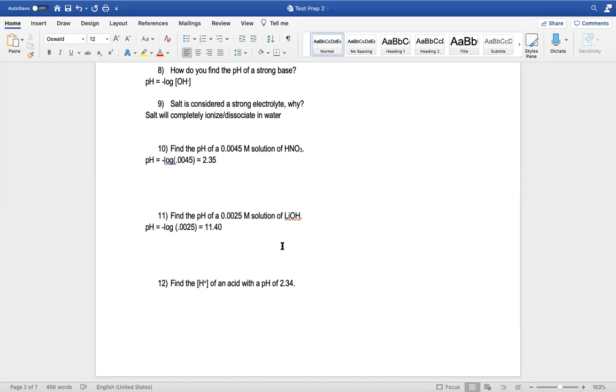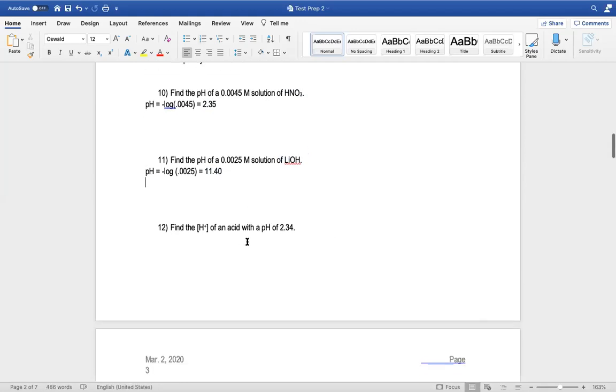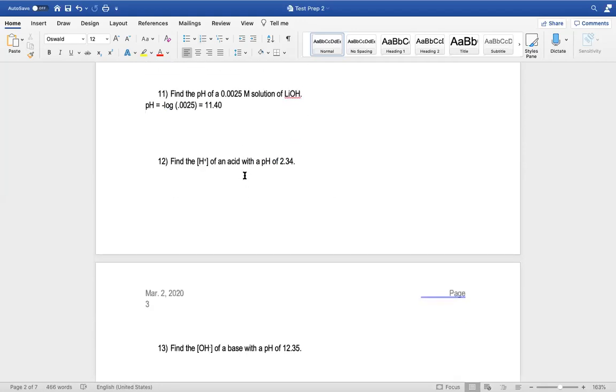There we go. You can check that because this is below 7 and it's an acid. It's a strong acid. And then this is a base and it's above 7. So there you go. That's one way to check.